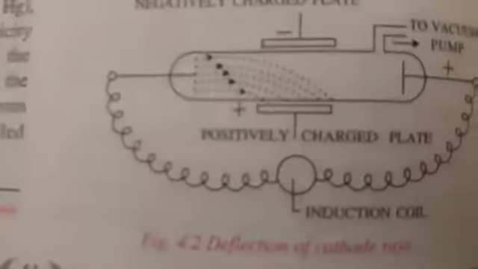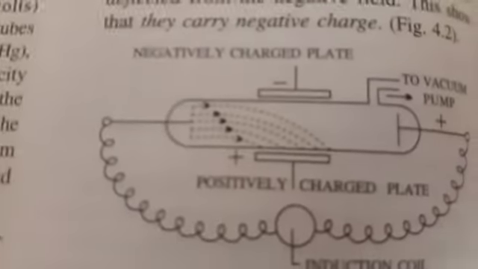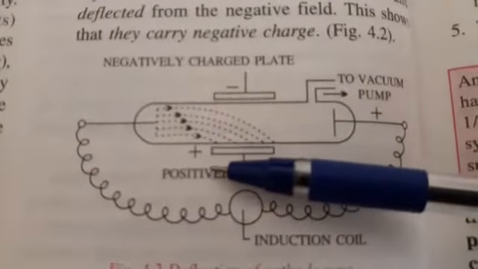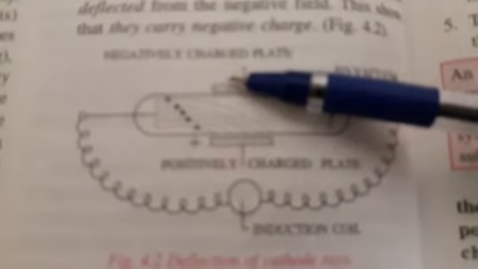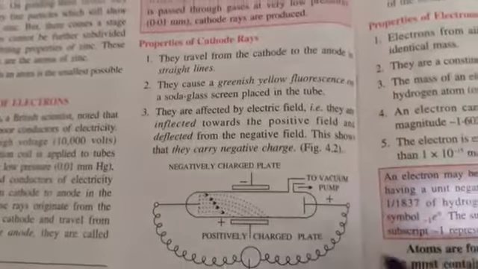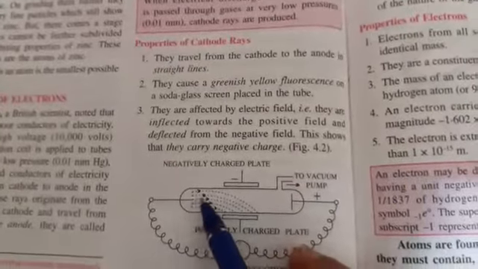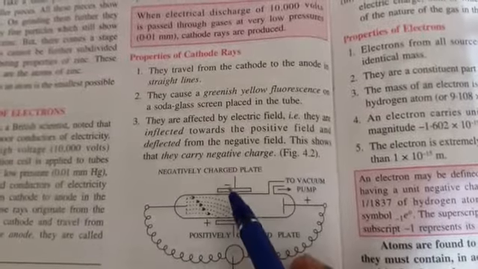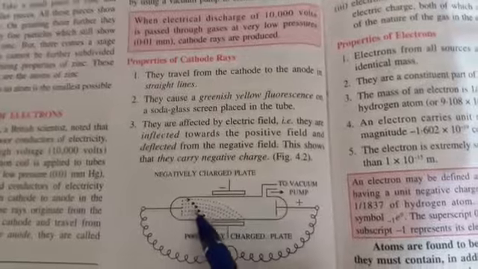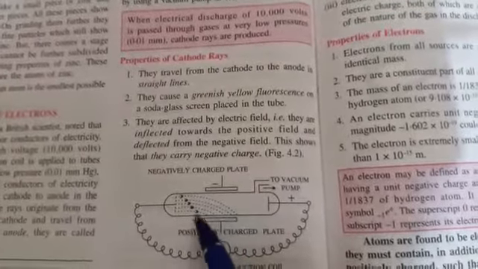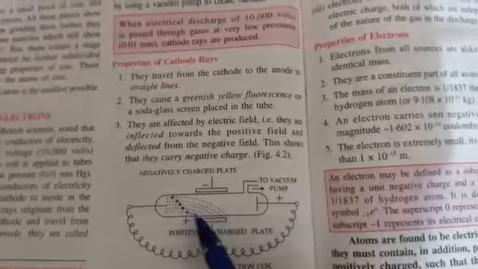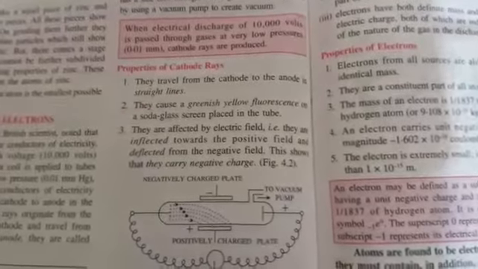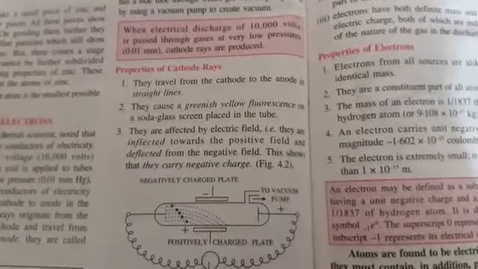Now you see here, when a positive field and a negative field, an electrical field, is applied from outside, we see that the radiations which were earlier going in a straight direction have, after the application of this electric field, turned towards the positive side. So it means anything that is attracted towards the positive side will carry negative charge. So now we know that cathode rays are negatively charged particles.